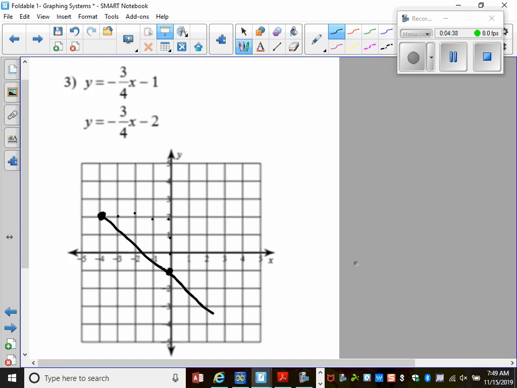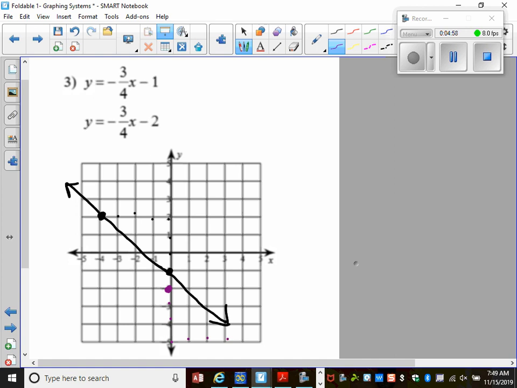If you wanted to make more points, you definitely can. I'm just going to do 2. And then the other one would be -2. So I'm going to go down 3 and then to the right 4.